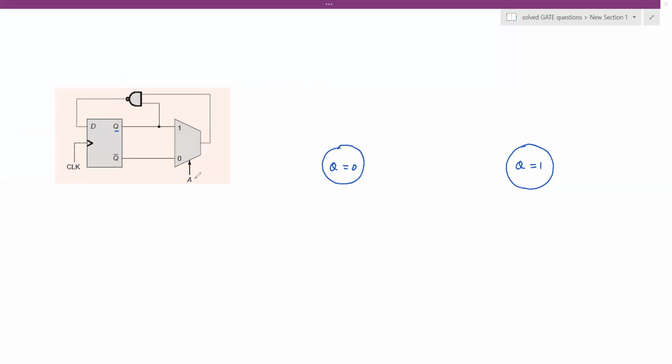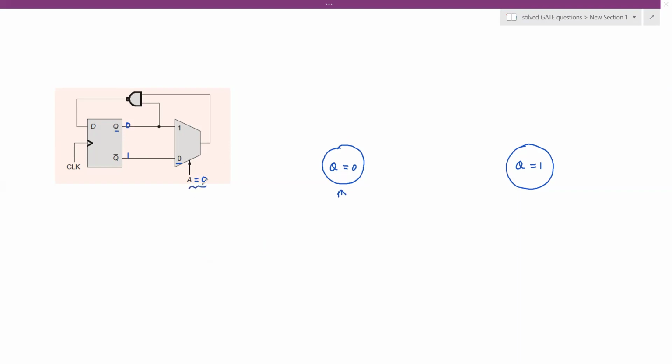So now I assume here the initial state of, let's say, logic 0. Okay, and for logic A equal to 0, I know that the data line present at this input, that is 0, gets connected to the output. And initially I assume I am in this state, that is Q equal to 0. So here I would say Q equal to 0. That means Q bar is equal to 1.